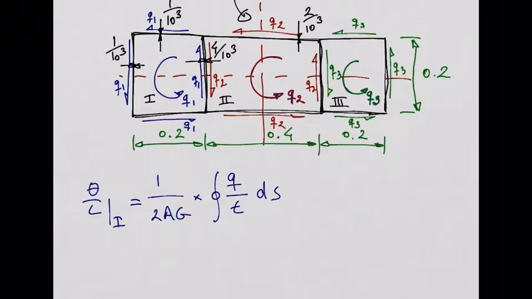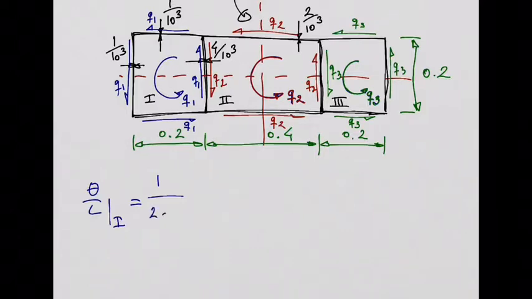And we need to work this. So 2 times the area is quite easy. The area of cell 1 is 0.2 times 0.2. You all agree? This is the area. We don't count the thickness, so these are the internal dimensions.